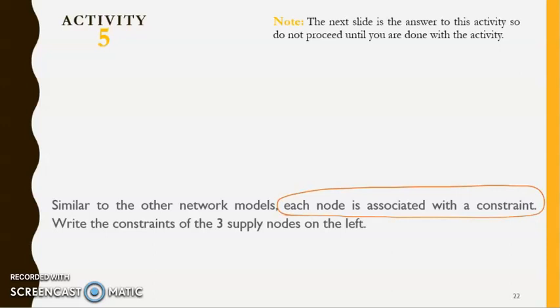Now here it is asking you to write the constraint regarding the three supply nodes. For node 1, it is x11, x12, x13, because they are related to supply 1. Okay, what happens with these things? Pause the video, think on that before I continue.